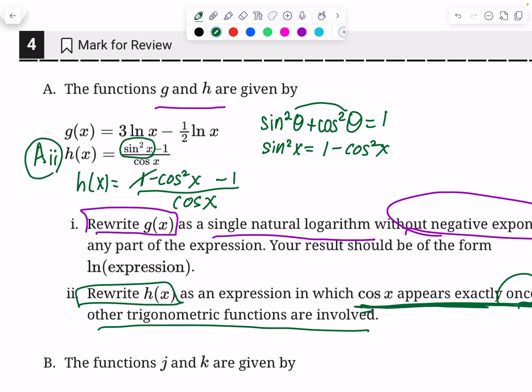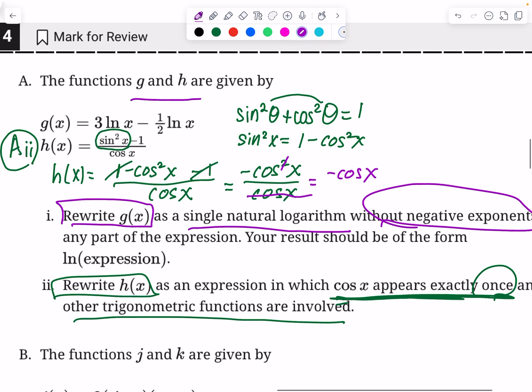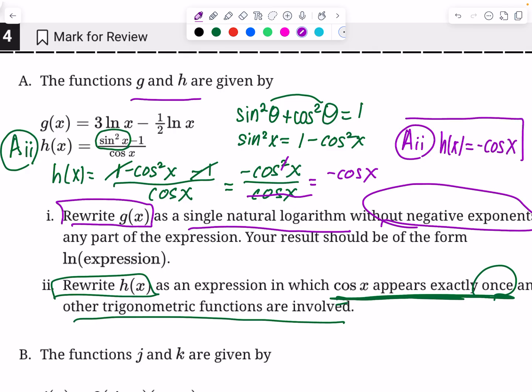Now notice that 1 minus 1, they cancel, that's 0. So now I have negative cosine squared x over cosine x. So I'm going to cancel a cosine x on top, so that gets rid of the exponent, and I'm going to cancel a cosine x on the bottom. So we're left with negative cosine x. So therefore, a Roman numeral 2, the answer is h of x equals negative cosine x.